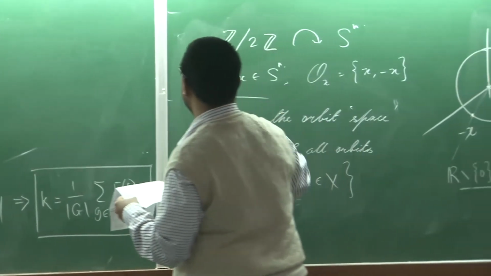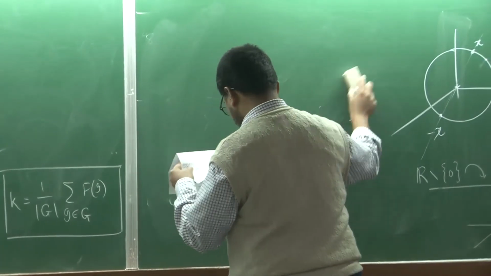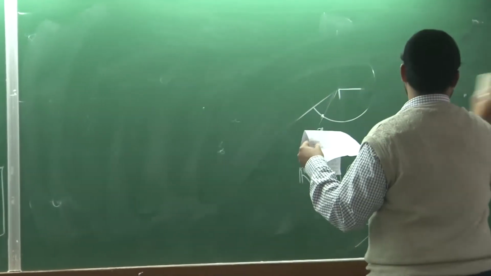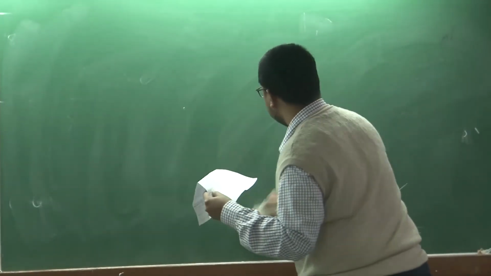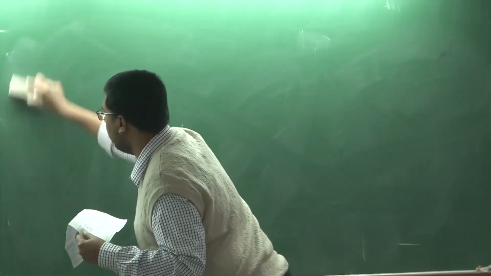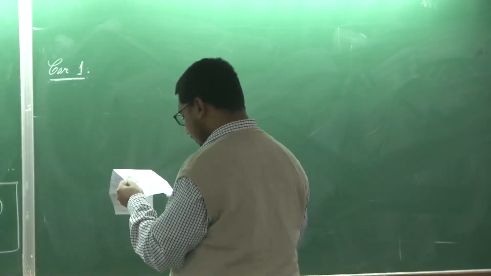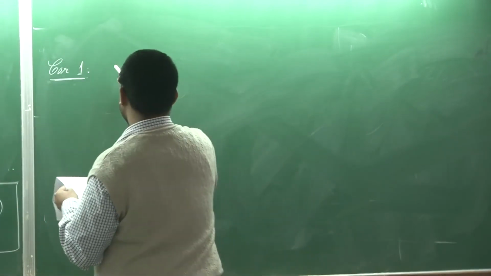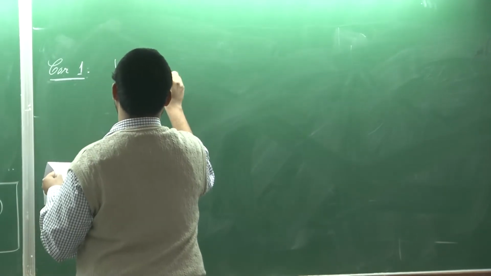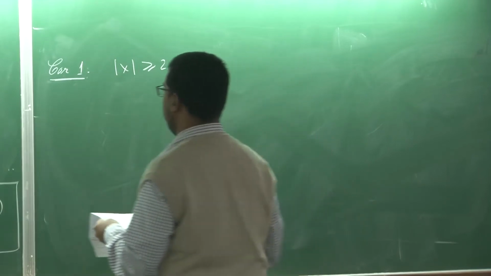It has some corollaries. These are also quite interesting. Of course, these can be determined in different ways, but as a corollary of Burnside's theorem, they are simply immediate. So corollary 1: if X has at least 2 points, X is a finite set, and of course G is finite, so I do not bother to write that again.